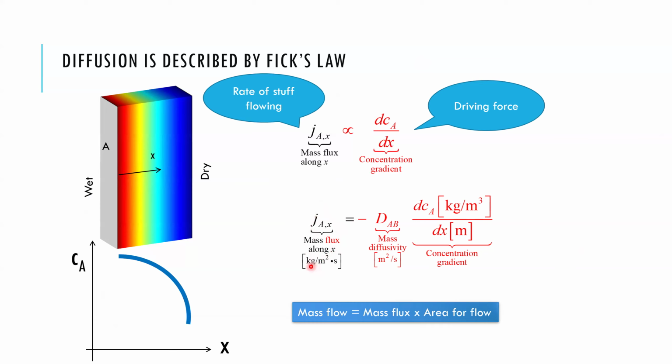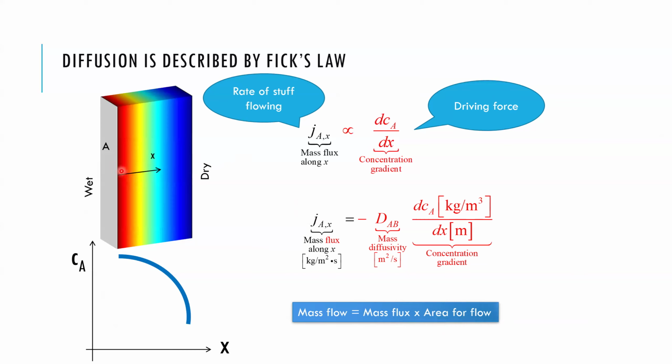And so this is mass flux. It's kg per meter squared per second. You notice this is equivalent to heat flux, because heat flux was what? Watts per meter squared, right? We're going to see that in just a second. So mass flow is then mass flux times the area for flow.